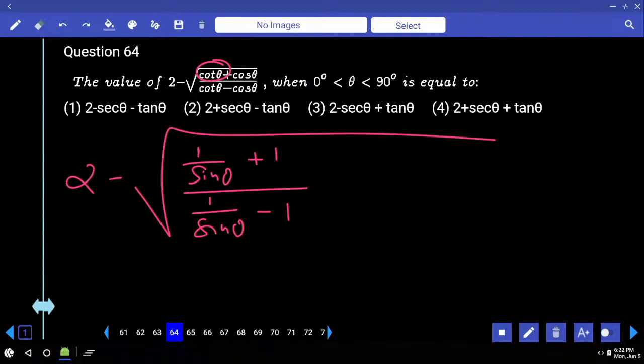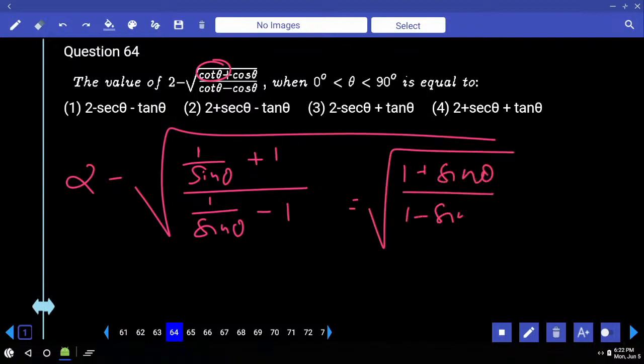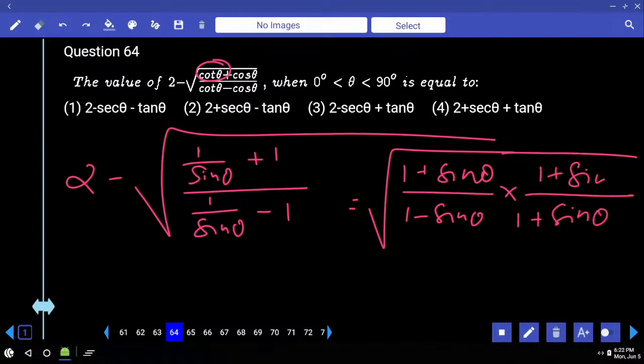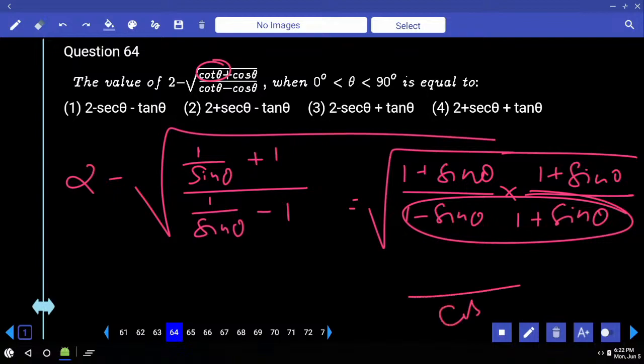So again sin is cancelled. Isn't it? 1 plus sin theta by 1 minus sin theta. Rationalize, process of rationalization. Multiply by 1 plus sin theta. What is this? 1 minus sin square, nothing but cos square. Square root of cos square, cos.